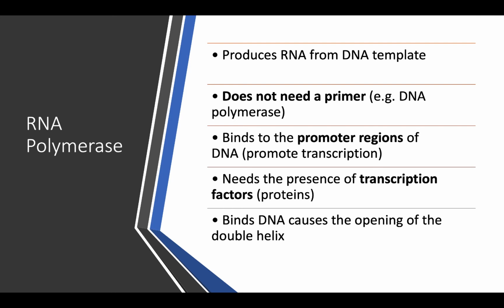زي تذكروا RNA polymerase does not require a primer مش زي DNA polymerase. لكن بدل إنها ما بتحتاج برايمر بتحتاج إشي موجود على ال DNA sequence نفسه على ال template strand sequence of the DNA.